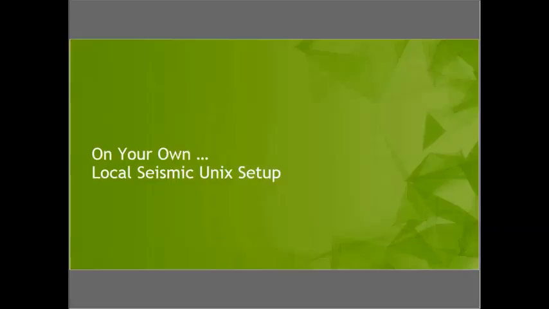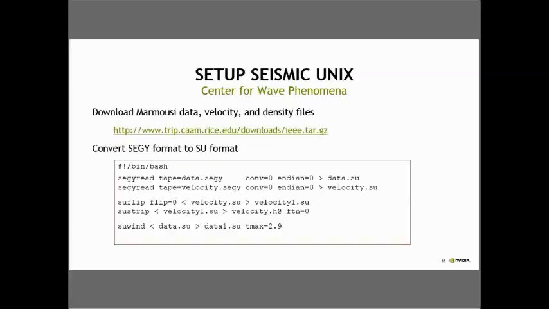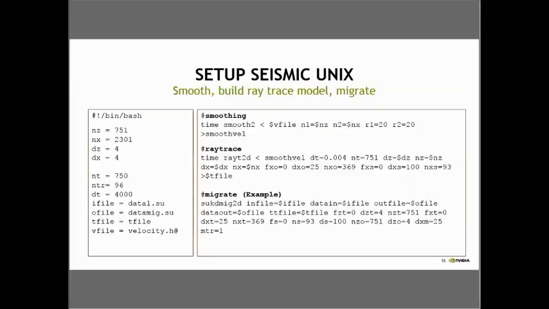And finally, there's a set of slides here that talk about specifically where you go get the Seismic Unix package, how to build it using the PGI compilers, where you go get the data set, how to filter the data set, and basically do some processing to generate the synthetic data set from these models, and then the steps that are needed to actually invoke the application so that you can profile it, given various different parameters that are meaningful.